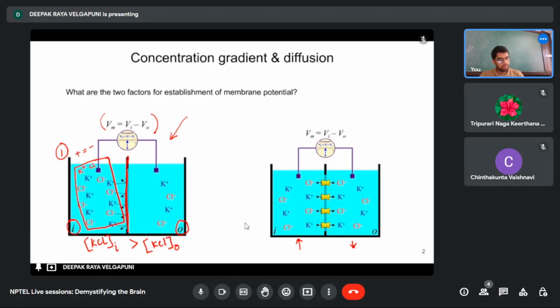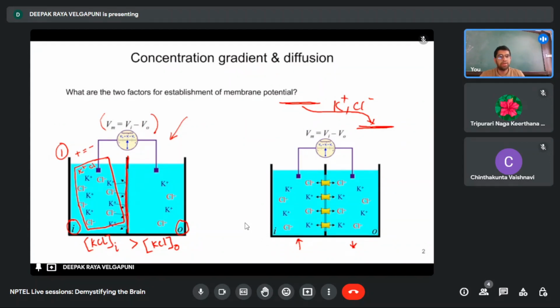Since it is permeable to both and the concentration here is higher compared to here, there is a concentration gradient. This side has a higher concentration and this side a lower concentration, and therefore the charges move from the I side to the O side, both K plus and Cl minus. But to maintain electrical neutrality, why would a system want to maintain electrical neutrality? It is known to be the most stable state of a system.